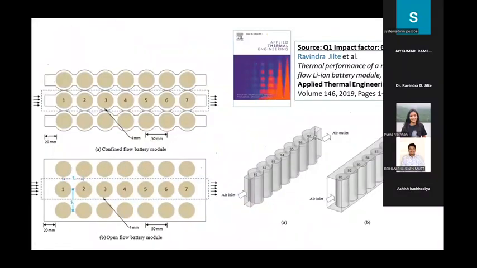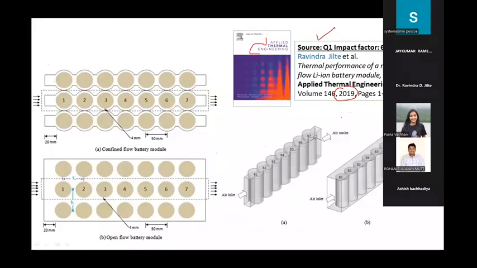we tried to modify this situation, and we could publish articles on this understanding in a journal called Applied Thermal Engineering, which is Q1 listed. If you look at the impact factor, it is 6.9. It was published in the year 2019.